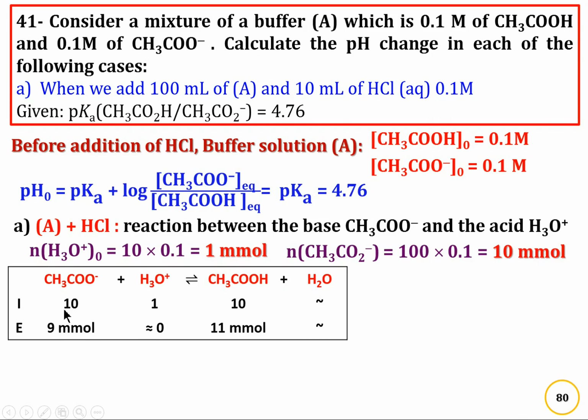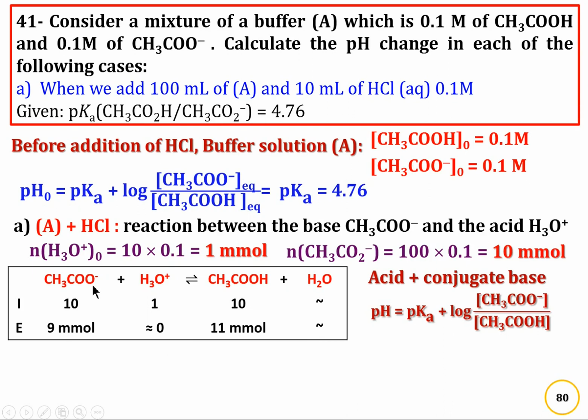This reaction is complete. Initially we have 10, 1, 10. H3O+ is limiting, so it is practically equal to 0, or epsilon. And we have 9 millimoles of acetate, and we have 1 millimole formed of acetic acid plus the 10 millimoles initially, so we have 11 millimoles.